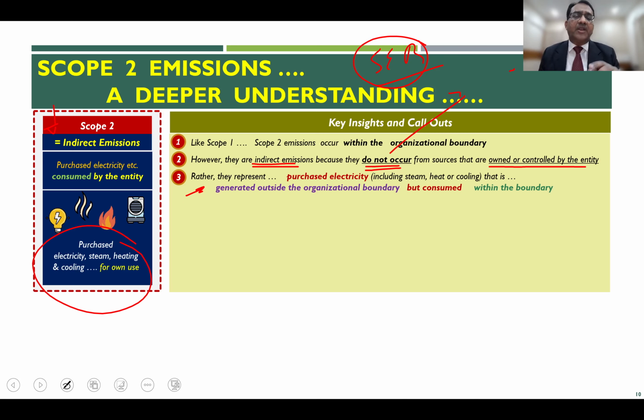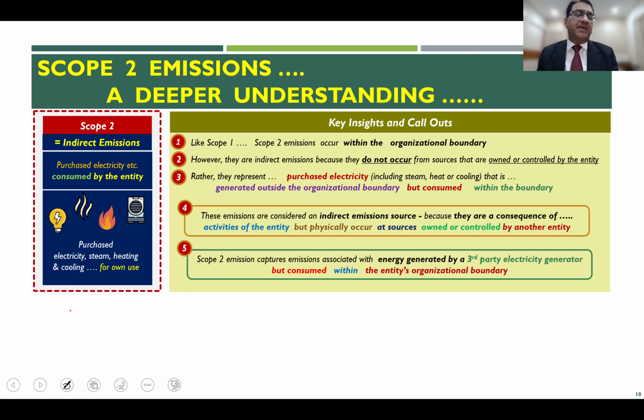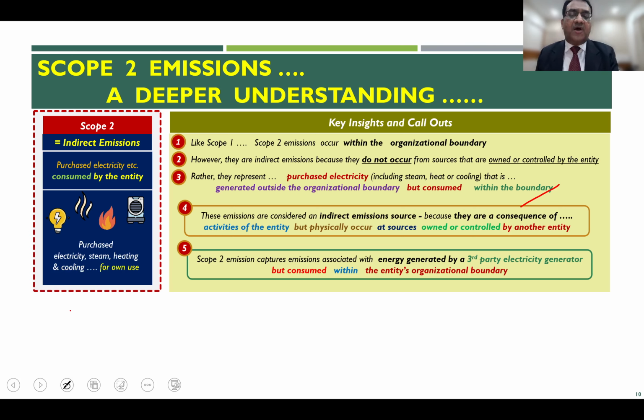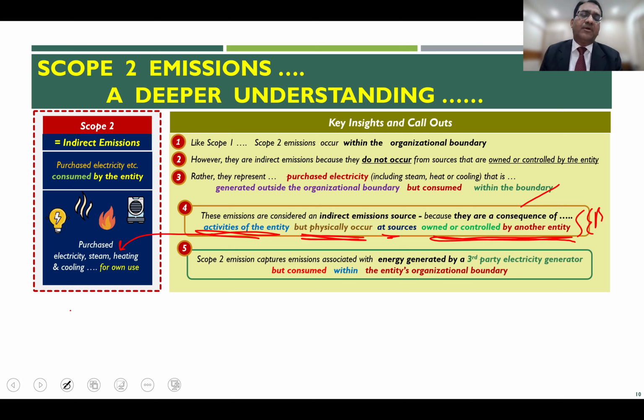So these emissions are considered as indirect emission source because they are the consequence of activities of the entity, because you are using these in your business operations, but actual physical emission is occurring at sources which are owned or controlled by somebody else, in my example, the state electricity board.